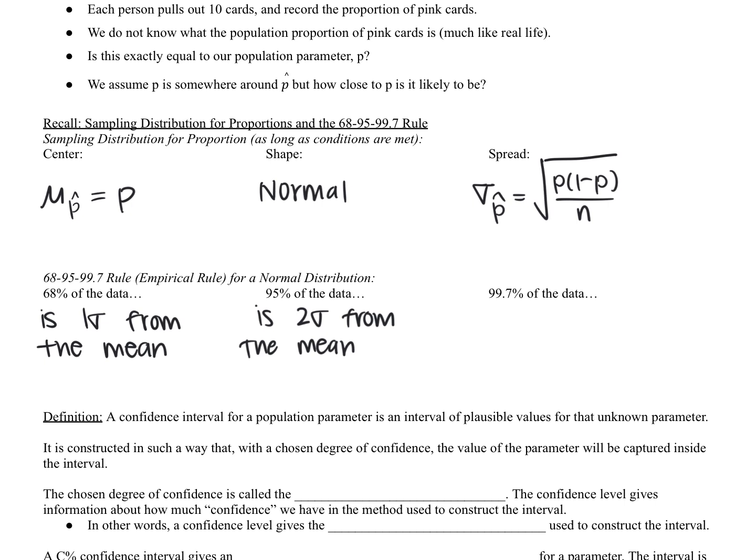And 99.7% of the data is within 3 standard deviations of the mean. Just reviewing that from chapter 1, because that was a really long time ago.